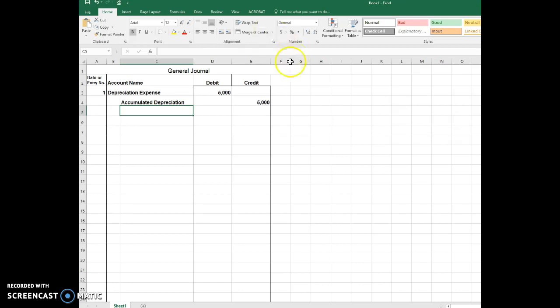Let's look at another example of an adjusting entry. Entry number 2. Let's say that when the year end cuts off, here we are on December 31st, you find out that you have some employees who've worked for you for the last several days, but payday is not until on into January, so let's say January 3rd or 4th.